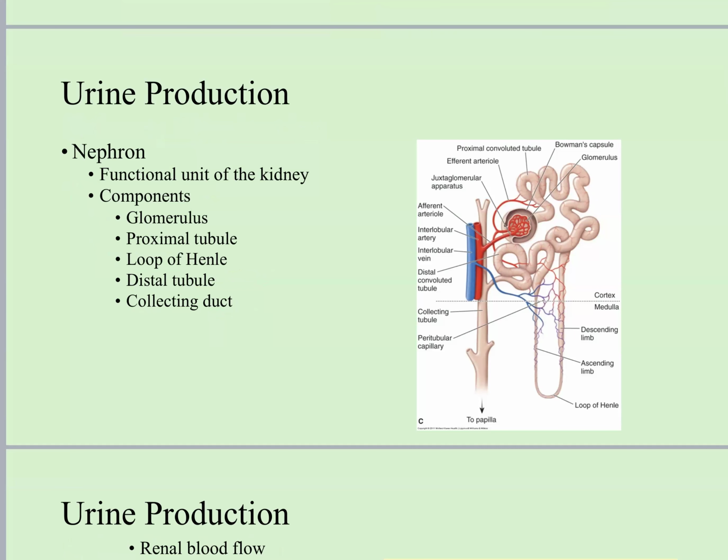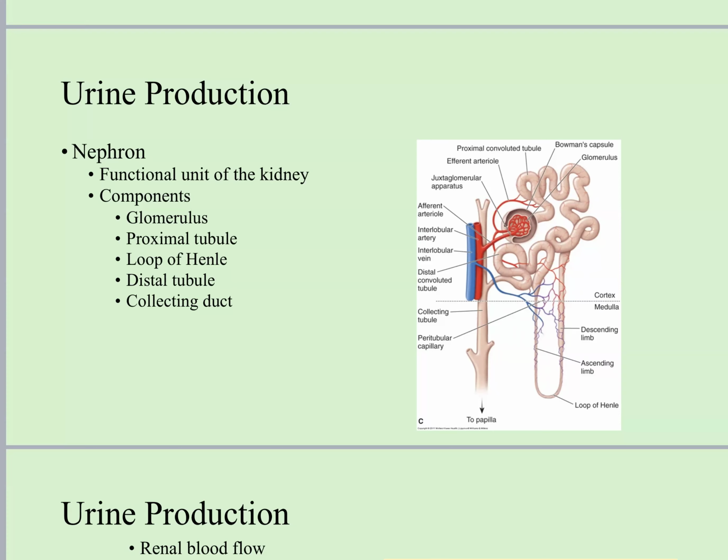So here's the beginning of urine production. Let's talk about a nephron. Just like a hepatocyte is the functional unit of the liver, a nephron is the functional unit of the kidney. Each kidney has about 1 million nephrons, and each one is responsible for forming urine.